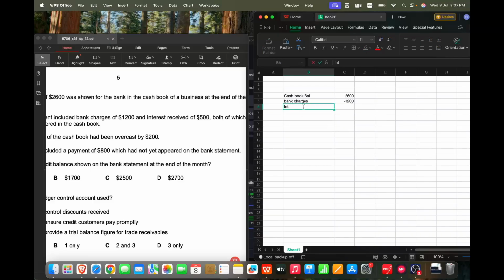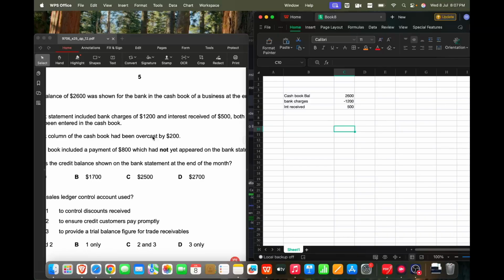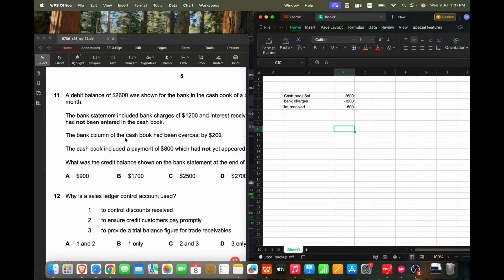So interest received of 500. Then it says the bank column of the cash book had been overcast by 200. So this amount that we have in the cash book is overcast by 200, so we need to subtract this. Overcast of 200. So let's subtract that.